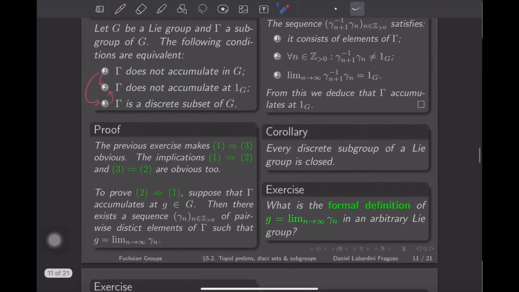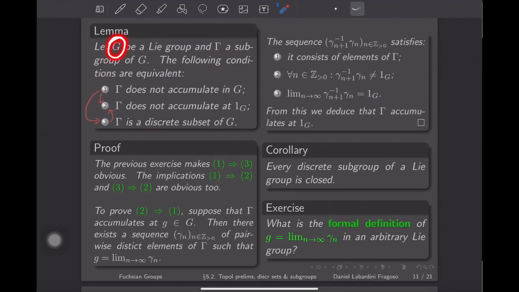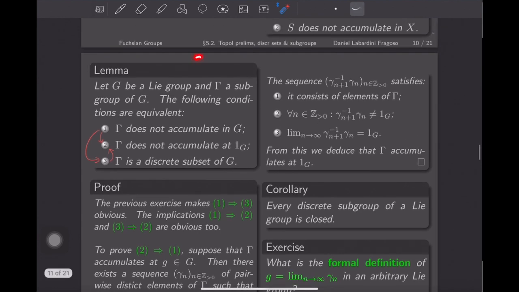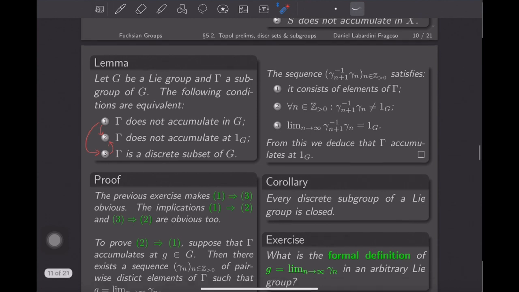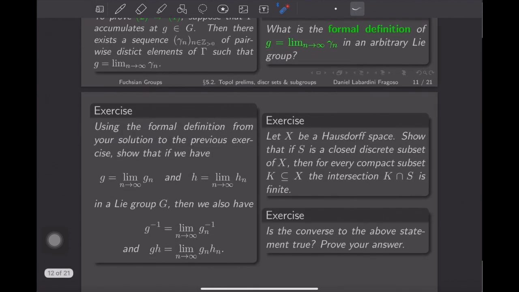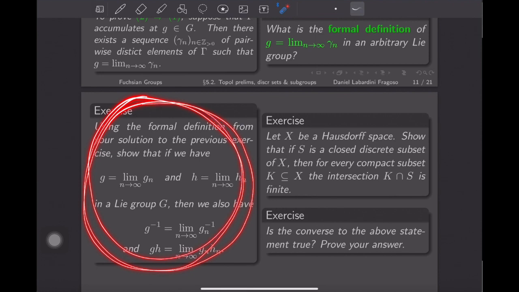I would need to really justify that. But if you think of G just as SL2R, let's say, then I don't really need to worry, because the operation that makes SL2R a group is just given by polynomial rules. So one can really check this exercise directly in SL2R.